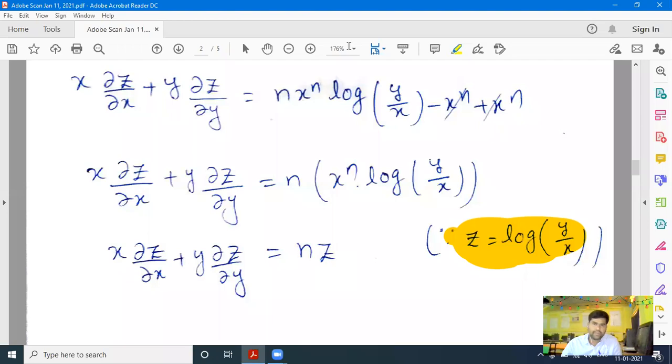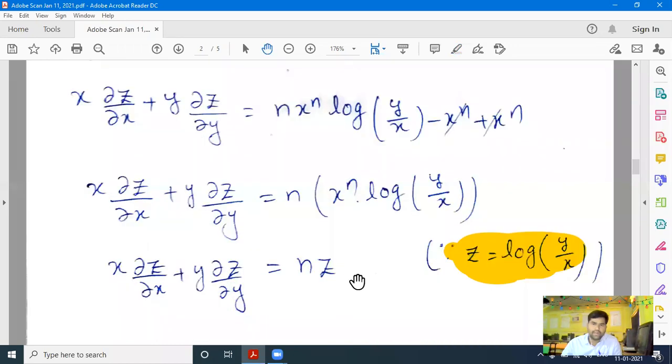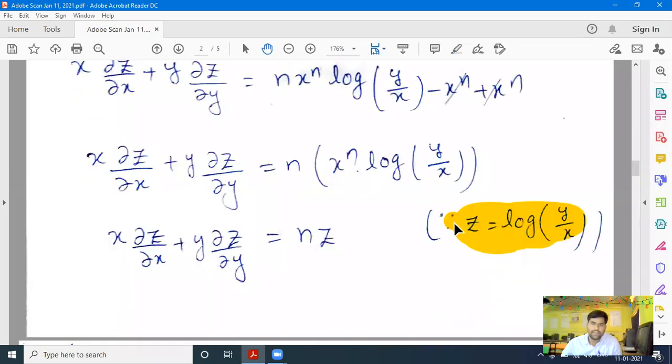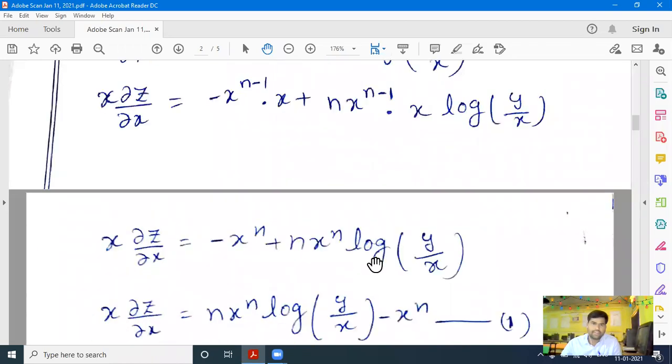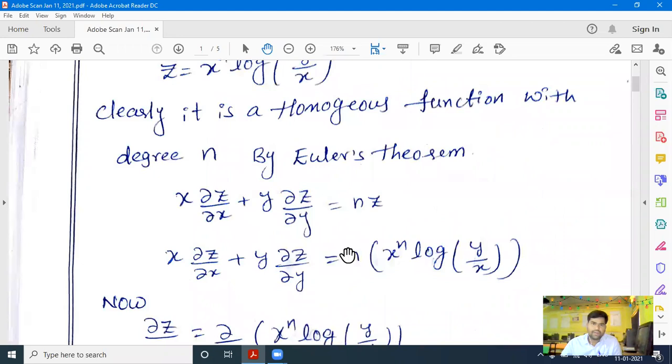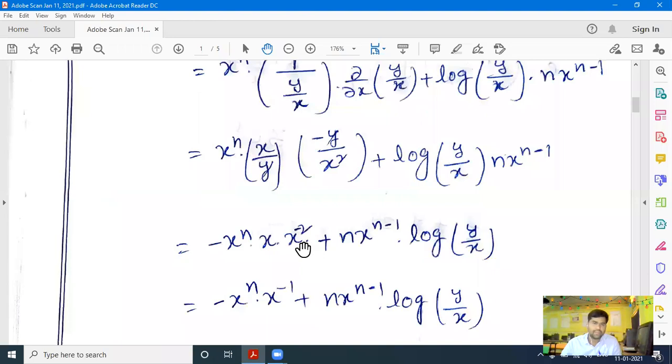Sir, there is no exponent, right? So this is not correct, that's why it is shaded with yellow. So z is equal to what they have given: z is equal to x to the power of n into log of y by x. In the question only they mentioned z is equal to x to the power of n into log of y by x. So here.